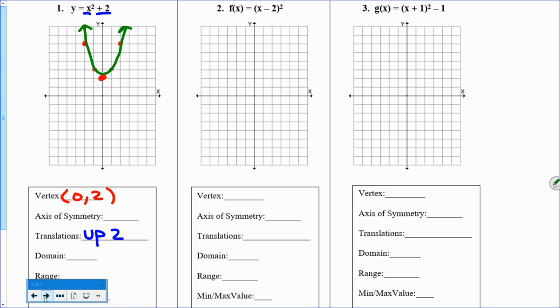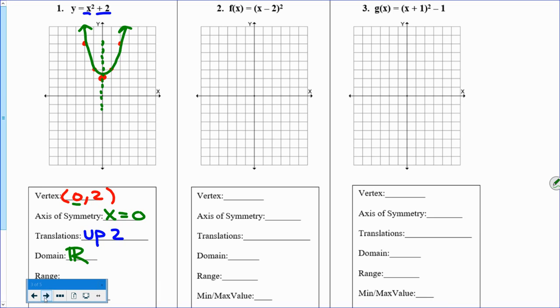Okay, so my axis of symmetry is still splitting the graph in half, still written as x equals because it's a vertical line, and it goes through the x coordinate of your vertex, which is 0. My domain is all the possible x values. So once again, it's going to continue to spread and spread forever and ever in both directions. It just might take a while.